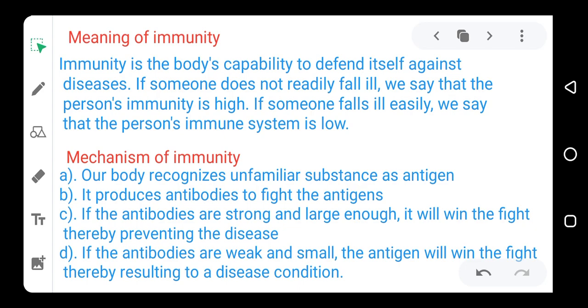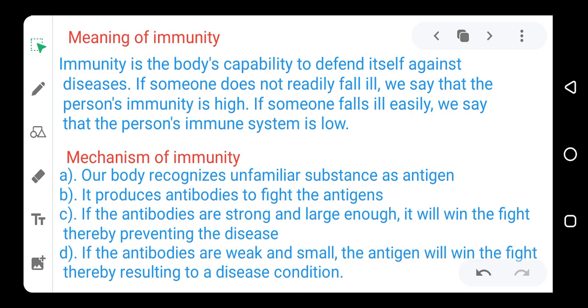And when the antigen wins the fight, it will result in a disease and the person will get sick. So that is why we are advised to always do things that help to boost our immune system, that is, to make it strong, so that in any fight between the antibody in our body and the antigen that is coming to our body, the antibody will be able to win it and prevent the disease from being formed.